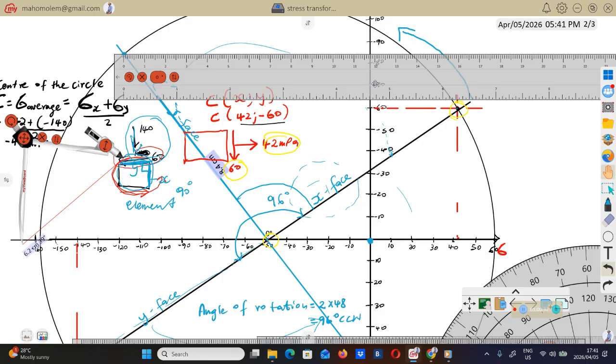Yeah, like that. We measure from here to there. This will be the new stress after rotation on the x face.